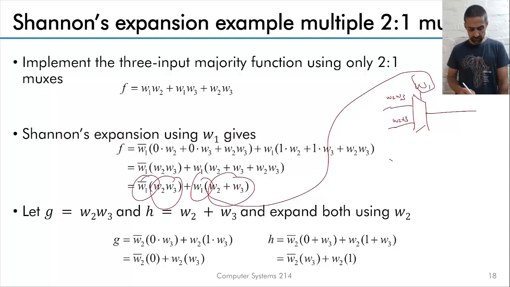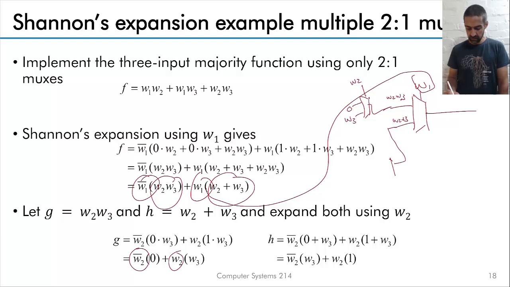So W2, W3, we can derive using a multiplexer. This multiplexer must select using W2. So another multiplexer. It uses W2 to select, and at its input it has a 0 or it has a W3.